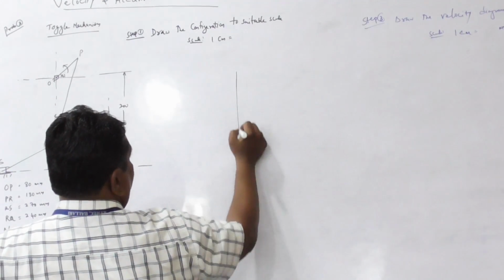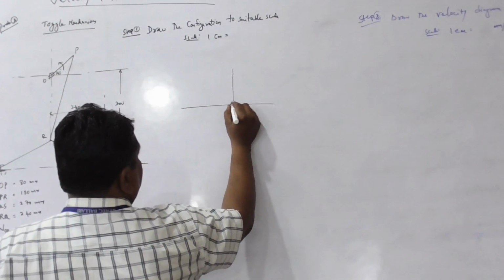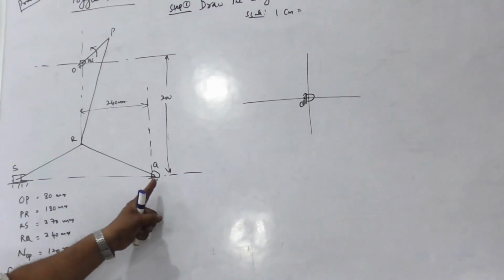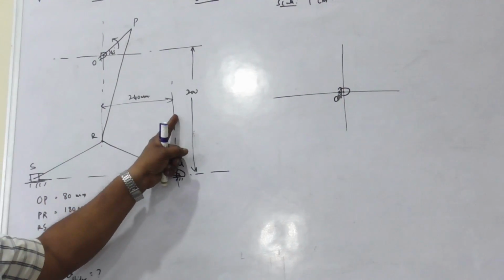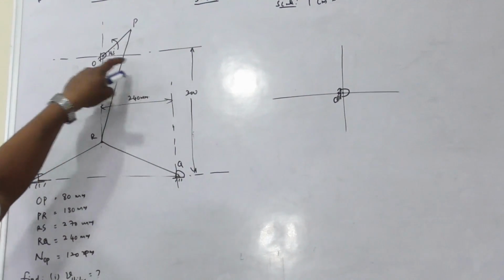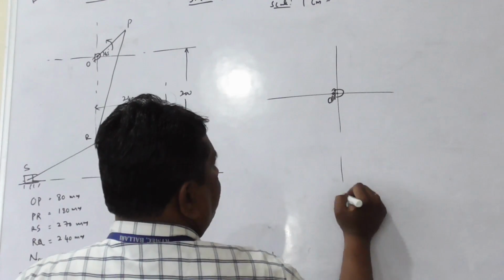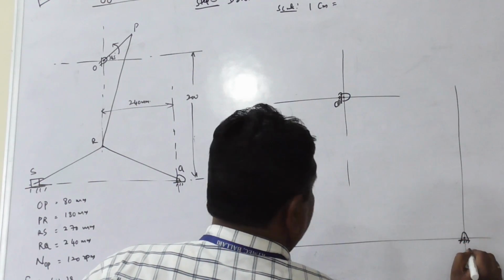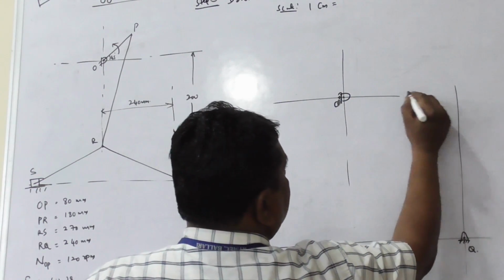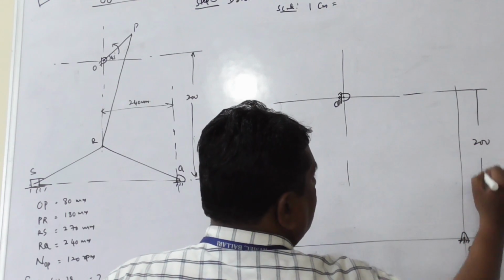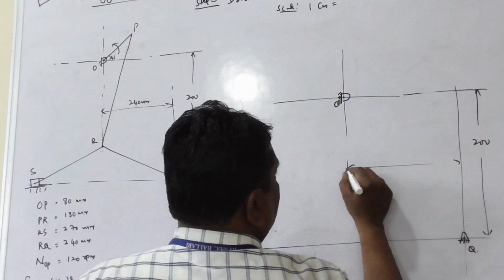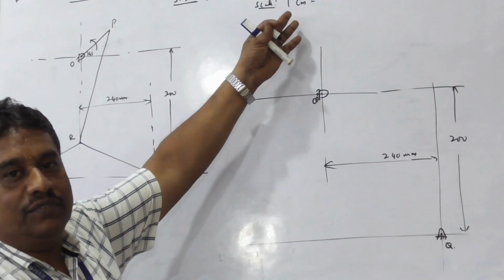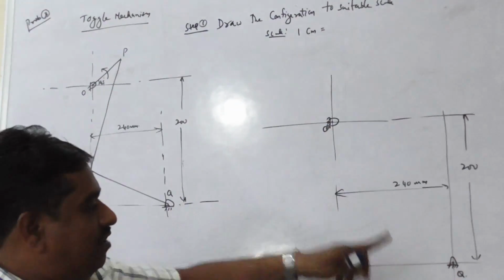First, I will fix up the point O. Then, I will fix up the point Q, which is at a distance of 240 mm from the vertical axis and 200 mm from the horizontal axis with respect to O. This is point Q. As usual, for the configuration diagram, take a suitable scale, fix O and fix Q.